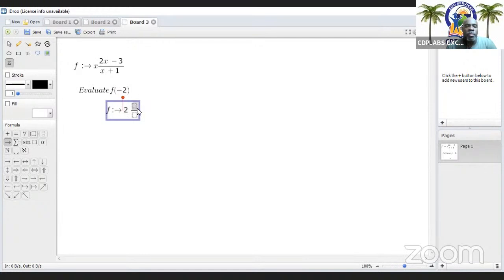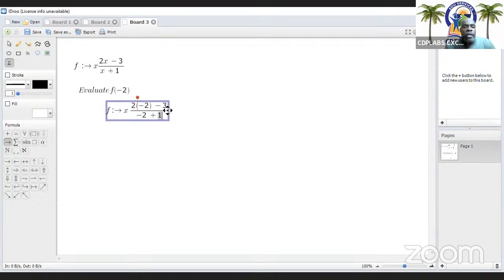And wherever x is, let's not put 2 there, because it might appear as if we're talking about 2 there. So put 2 bracket negative 2 minus 3, and then we'll put minus 2 here plus 1.